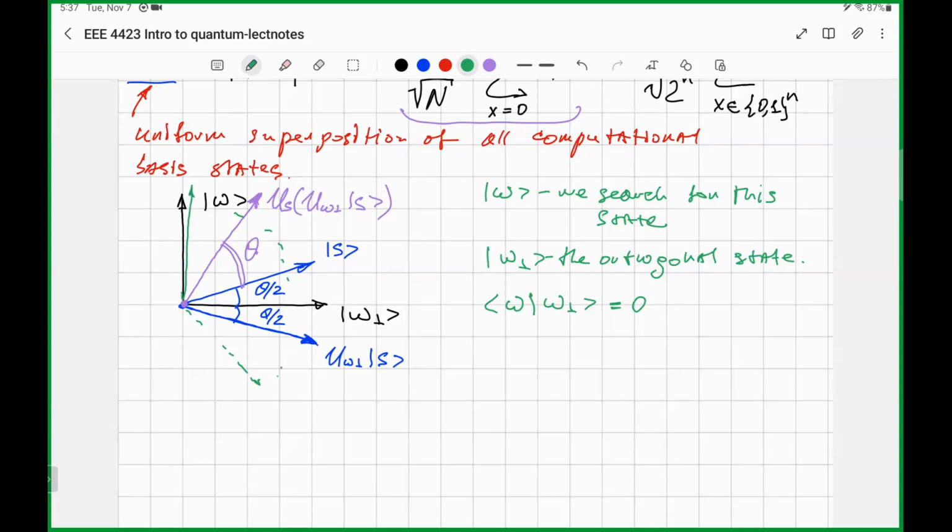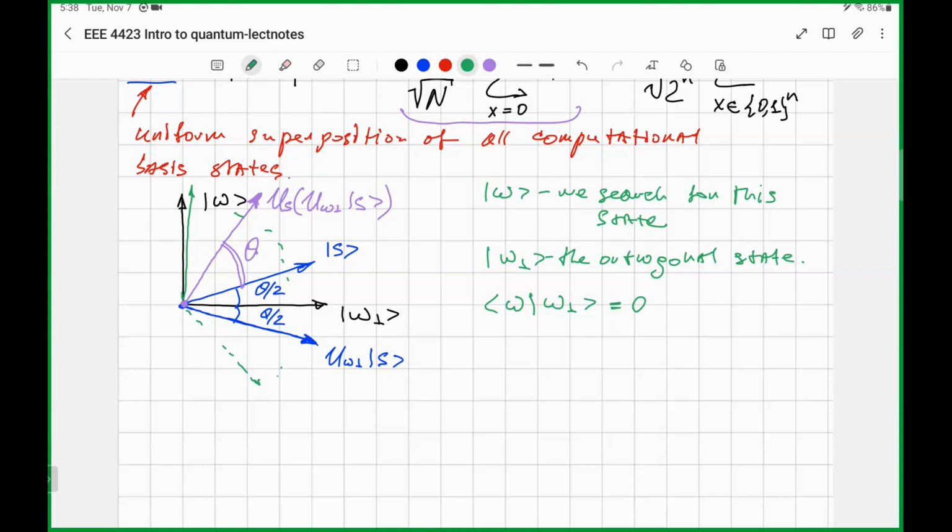searching for. And of course, the closer this new state is to the one we search for, it means that as a result of the measurement, with a higher probability, we will get this omega state.